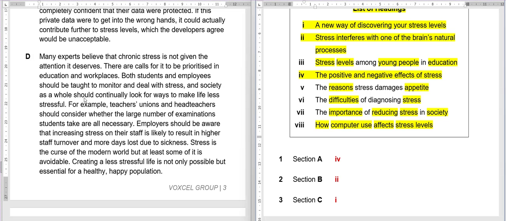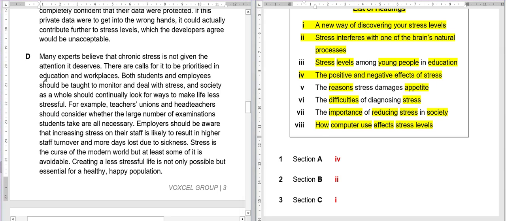Many experts believe that chronic stress is not given the attention it deserves. So many people believe that we are not giving chronic stress the attention it truly deserves. There are calls for it to be prioritized in education and workplaces.